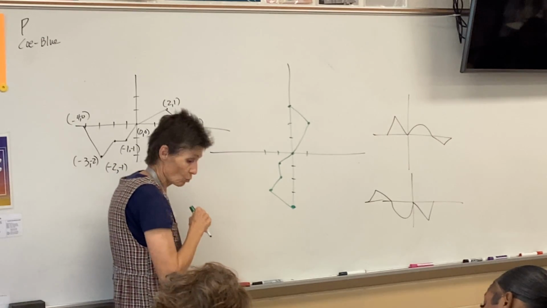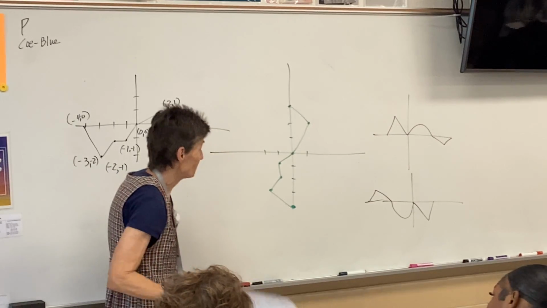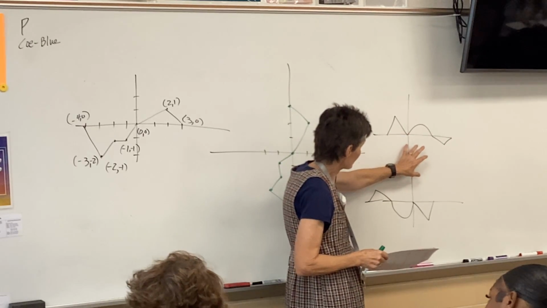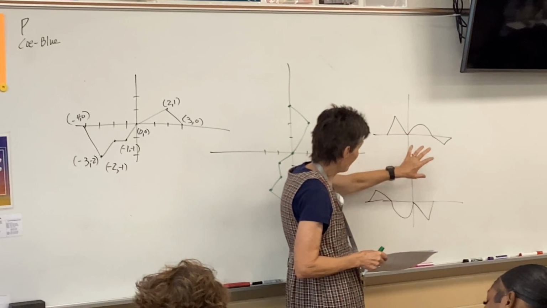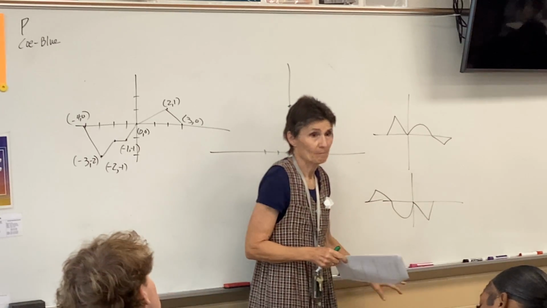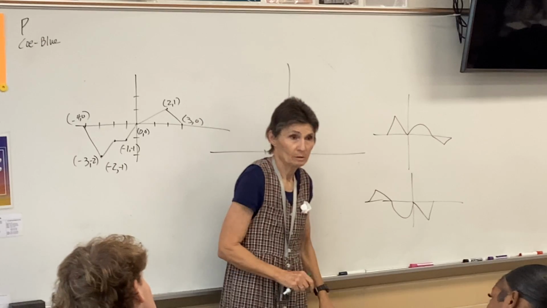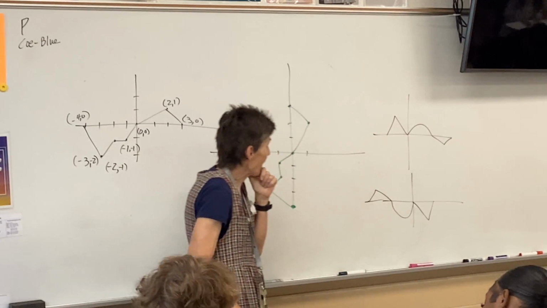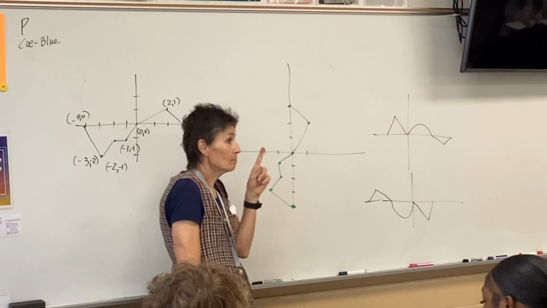Now the last question on this practice test says, all right, I've got this picture, and then somehow now I have this picture. So what happened? What did I do to go from here to here?